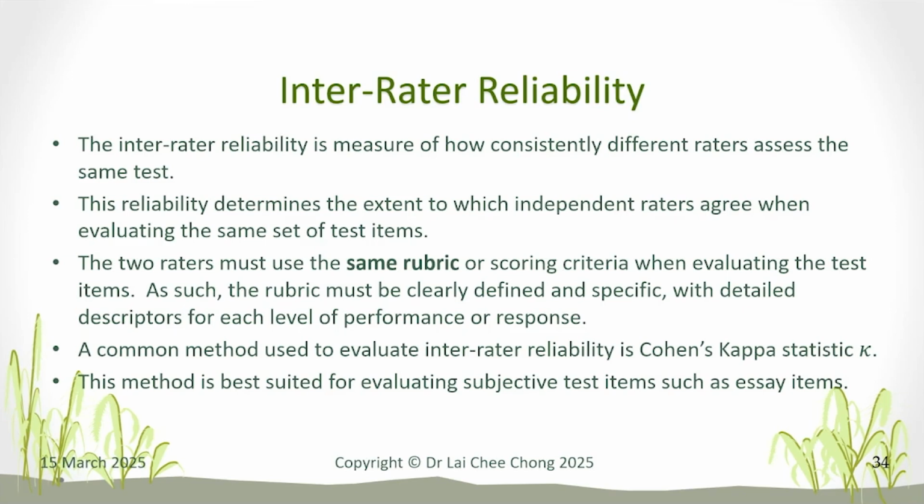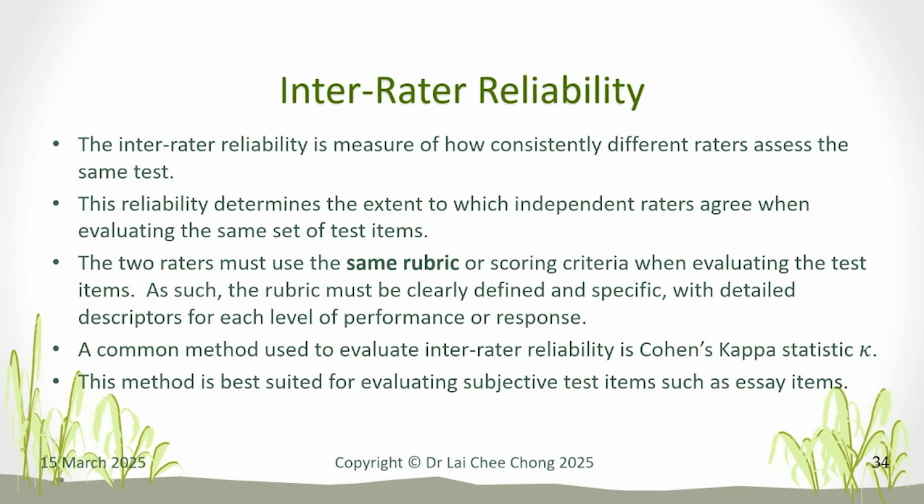We want to determine the extent to which the raters agree when they grade the same set of test items. You find the number of agreements between the 2 raters. You follow me? So that's the meaning of it. Now, one important thing is they must use the same rubric. Cannot be different. So your rubric must be very clear.